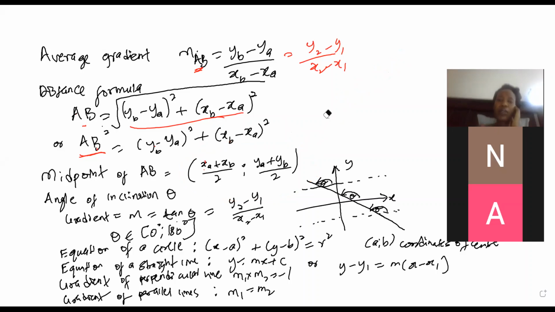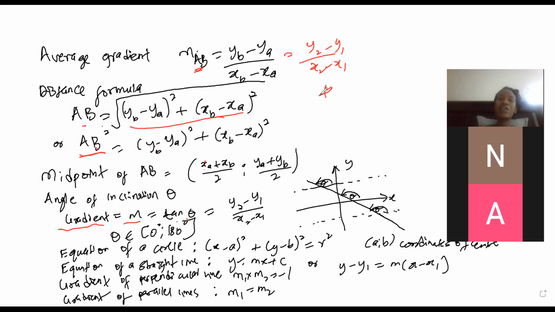Then you've got angle of inclination. So that certain line will be sitting at a certain angle. For you to calculate that angle, you use the gradient of that line. So the gradient, which is m, is the same as tan theta.